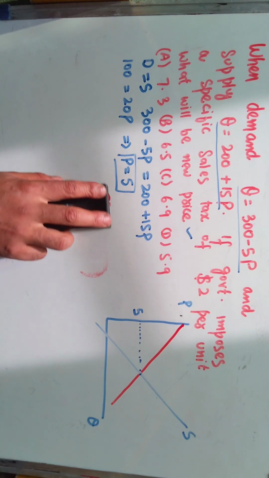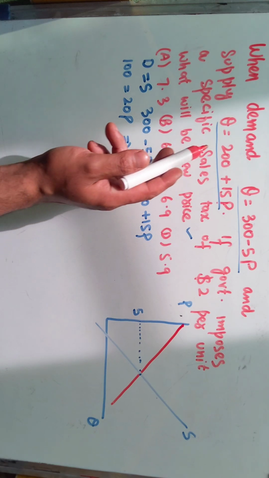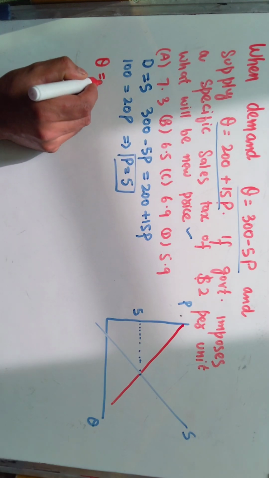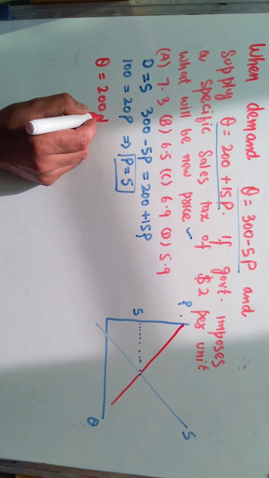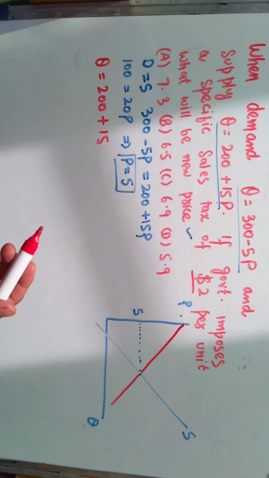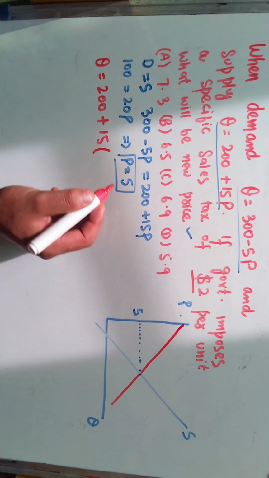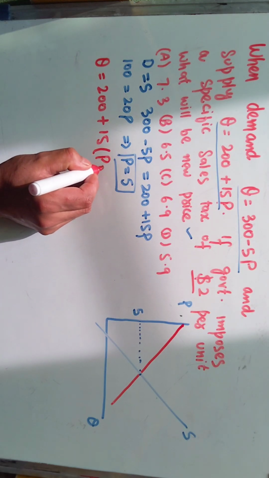So how do we show it here? We need to find out the new supply function. Since Q = 200 + 15P, and we now have the imposition of the per unit sales tax of $2 on the producer, we subtract the per unit tax from the price, that is P - 2.